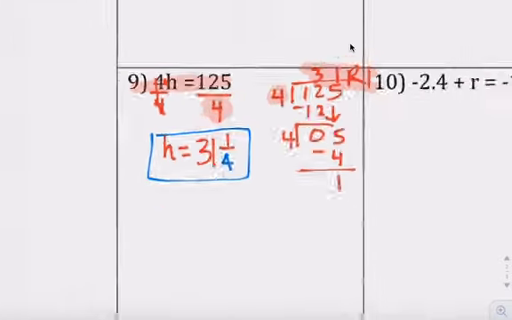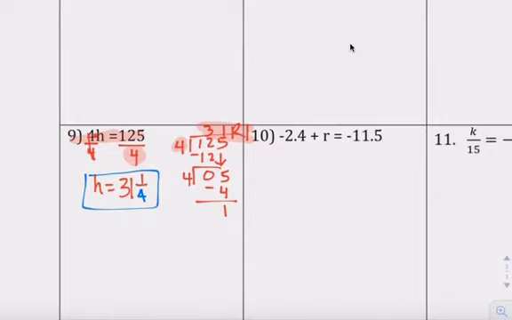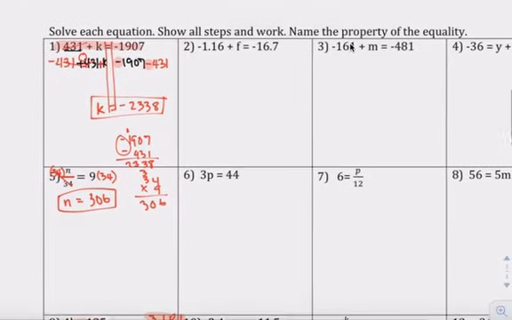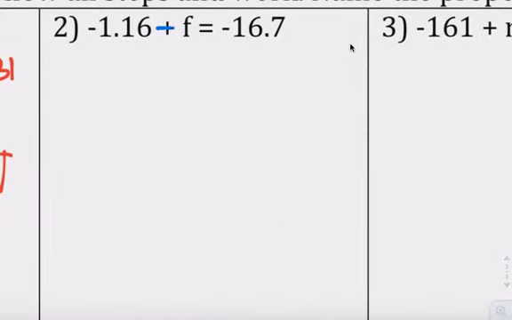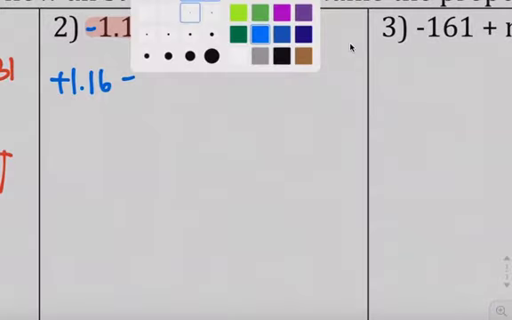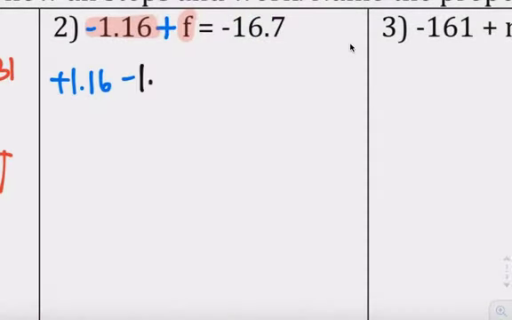That's your answer. Okay, so let's look at this one here. This is a plus. A plus, you need to make the number equal to 0. Plus or minus, you have to make that number next to the letter F equal to 0. How do we do that? That's a negative, so you do a plus 1.16, minus 1.16.